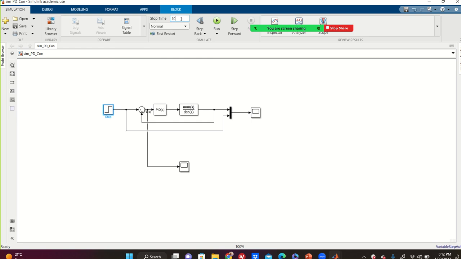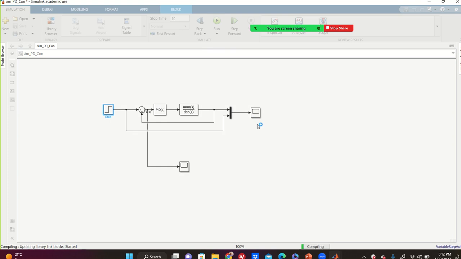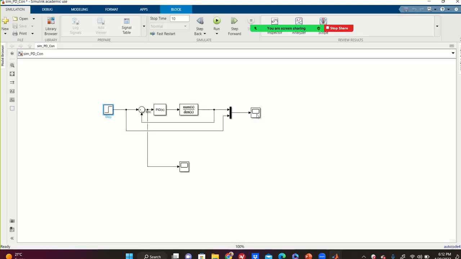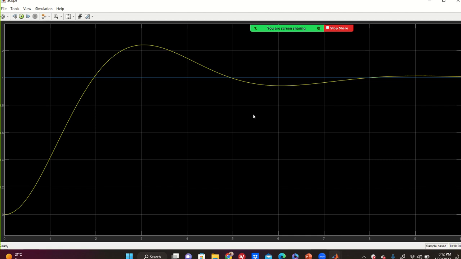And so it's going to be 10. Let me first try it. I have to double check everything, but hopefully it works. Here we go, bingo. Worked.